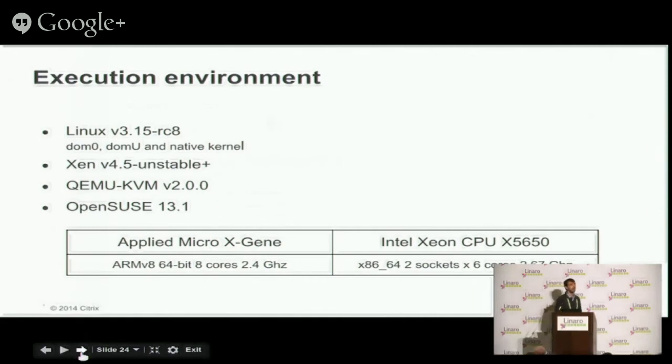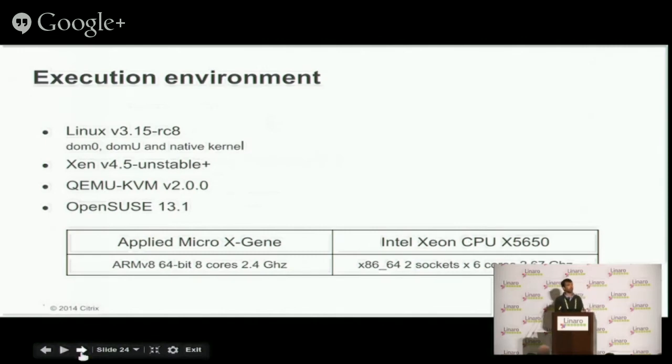To do that, I wanted to compare the overhead of running a workload, a benchmark, on a VM compared to native, and do the same on different architectures, x86 and ARM, and on different hypervisors, Xen and KVM. So the idea is to find out how much the hypervisor tax is of running this benchmark inside the VM compared to native, with the same number of physical CPUs and virtual CPUs, and the same amount of memory.